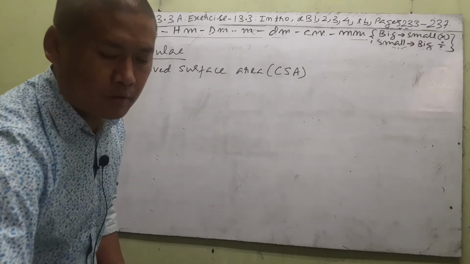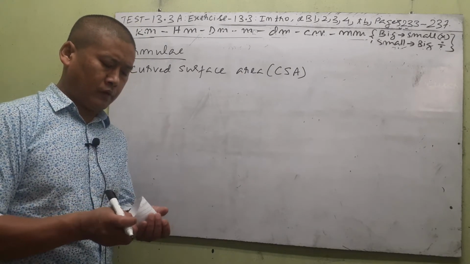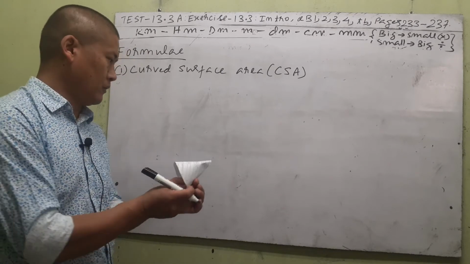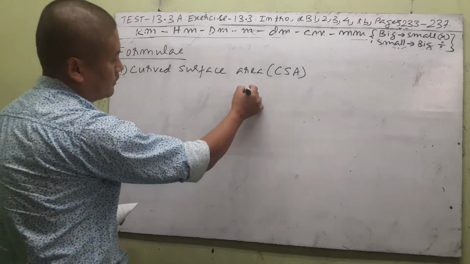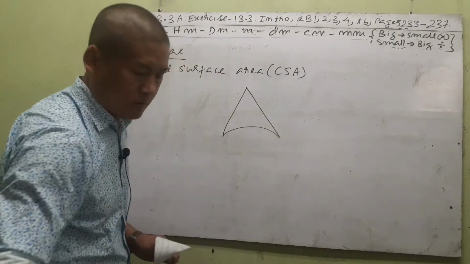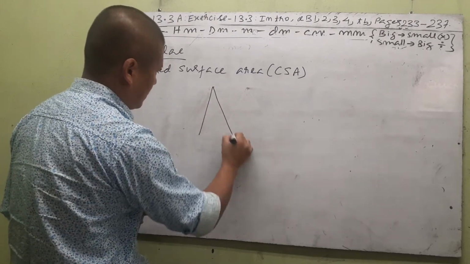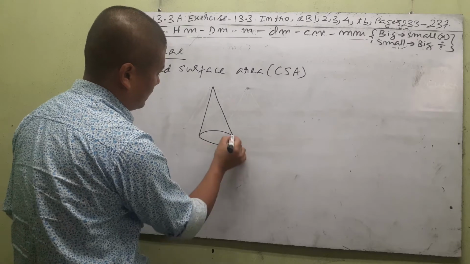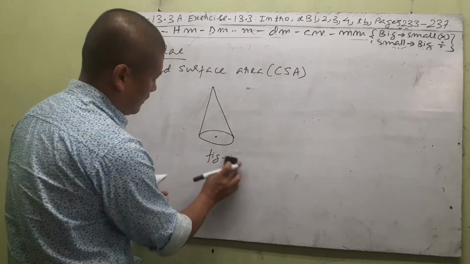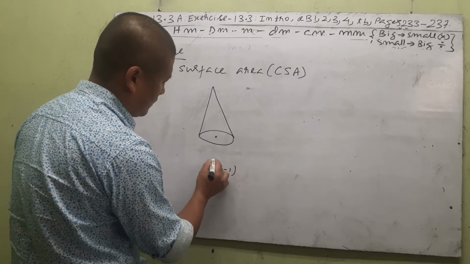So for that, let us take a cone. This is the cone, let us say. One I have in my hand. This is a cone right here. So this we're going to draw here. So this is the representative cone. Draw it a little bit smaller if you want. Let us say this is figure 1.